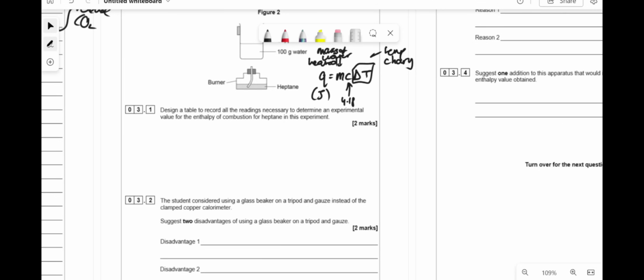To get it for 1 mole, you have to divide this by the moles of fuel used to get an answer in kilojoules per mole. That's your enthalpy change. This here, sorry, is just a heat energy change. This gives you the actual enthalpy change.